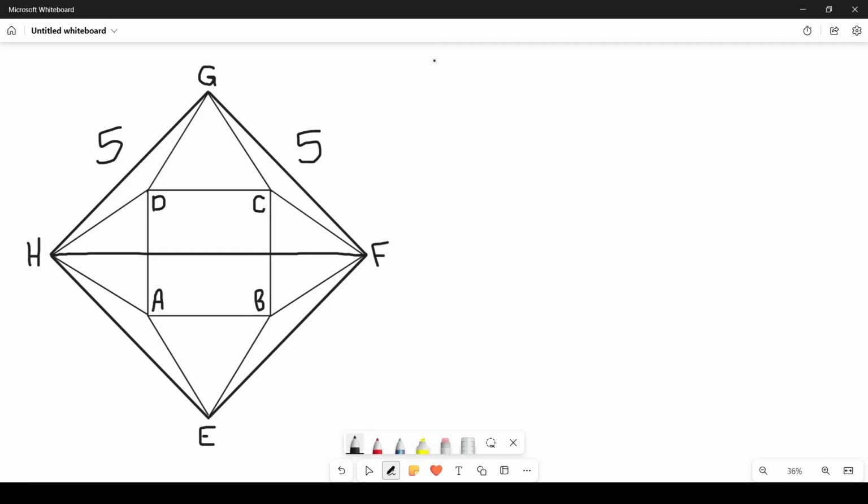From triangle HFG, we can just say that 5 squared, which is HG, plus FG, which is 5 squared as well, is equal to HF squared. And from that, I'm not going to write it in detail, HF side is 5 times square root of 2.